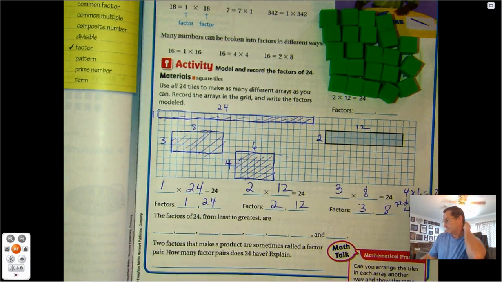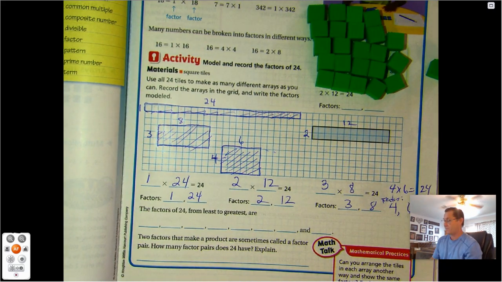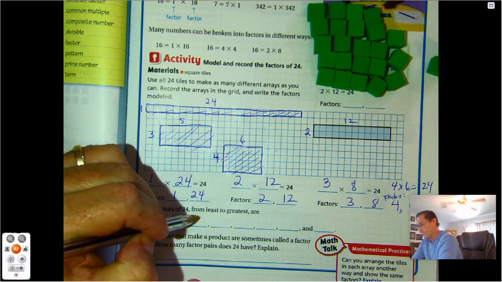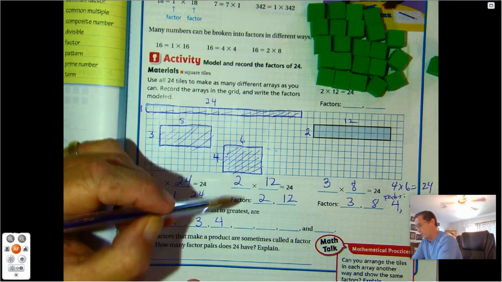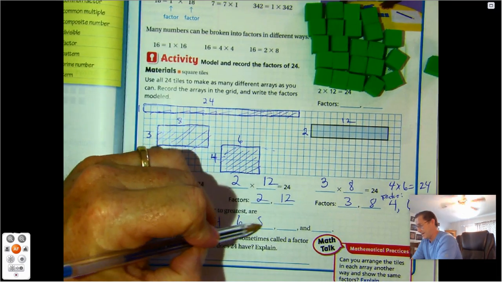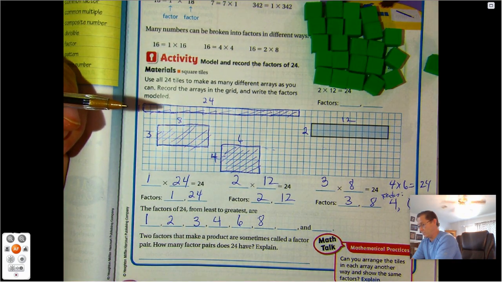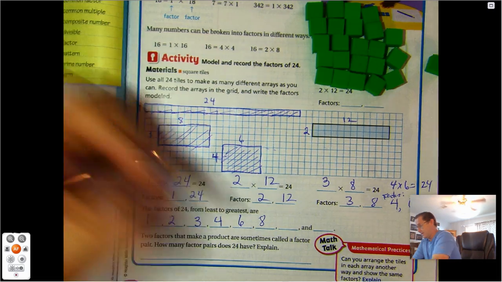So the factors of 24 from least to greatest are 1, 2, 3, 4, 6, 8, 12, and 24.